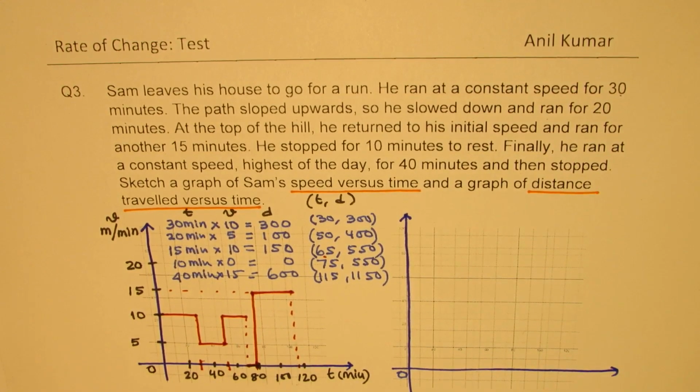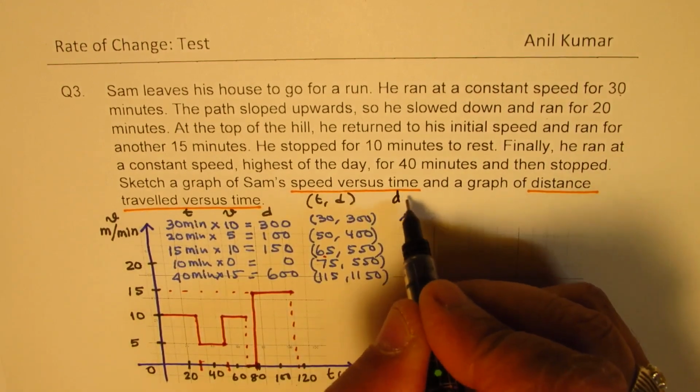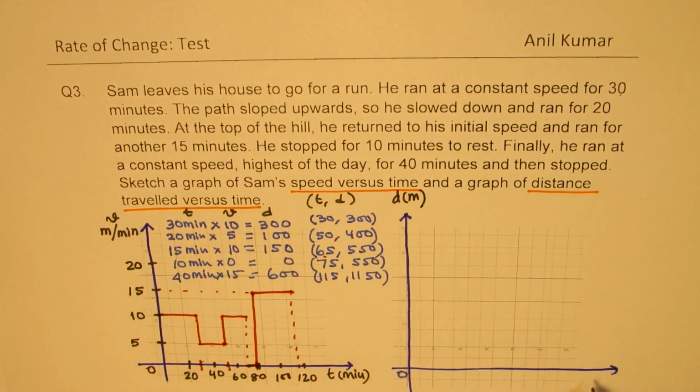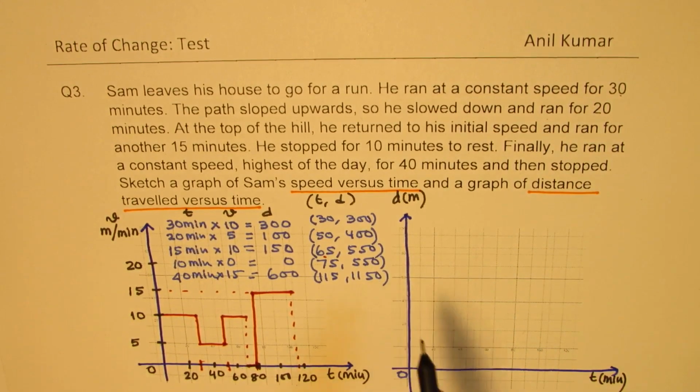So on a proper graph paper, this will be more accurate. Right. Now on the distance graph, we can take distance in meters and time will be in minutes. And as we see, we want to go for 1150 meters, more than a kilometer. So let's make the scale.